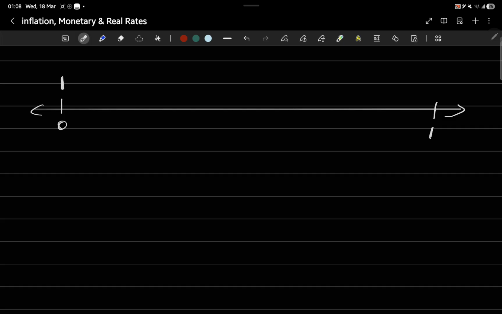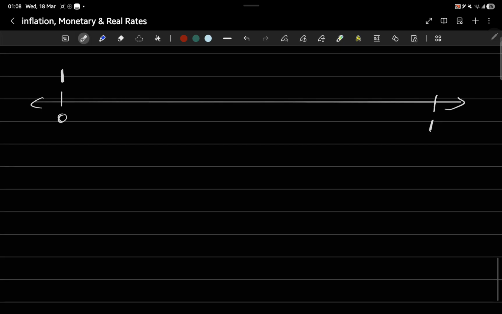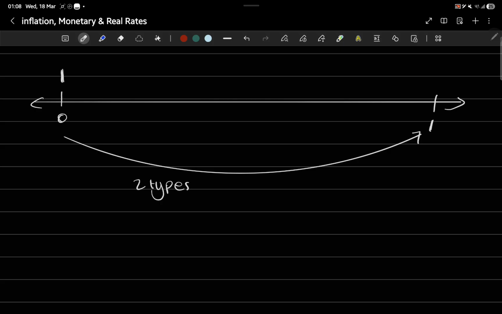Now, I hope you'll all agree with me that moving from time 0 to time 1, there are two types of growth that's happening during this period. Firstly, it's the growth due to interest.